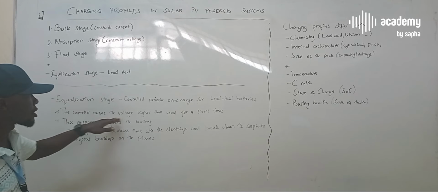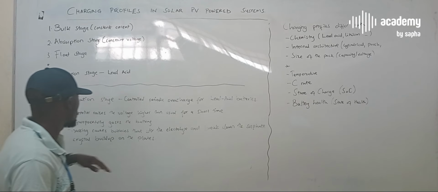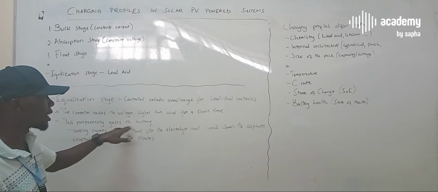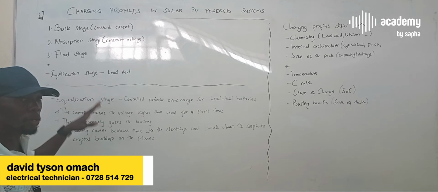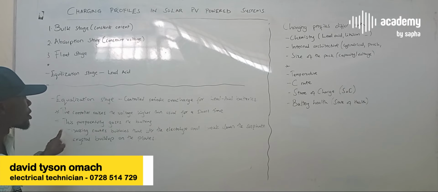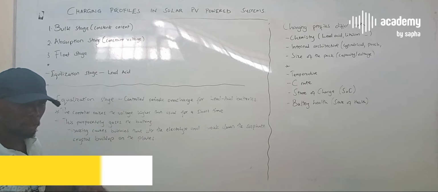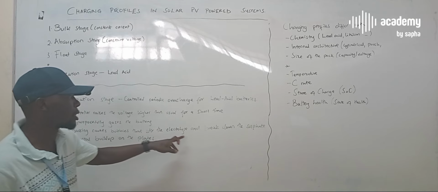So the controller will raise the voltage higher than usual for a short time, and this purposefully gases the battery. For lead acid cells or batteries, as we will explain in the next session, gassing causes bubbles within the battery pack, and these bubbles will stir the electrolyte.